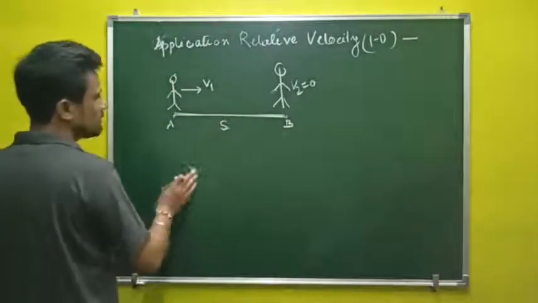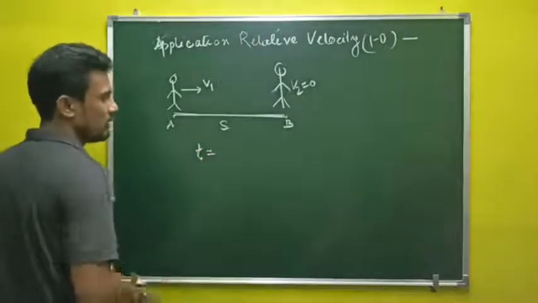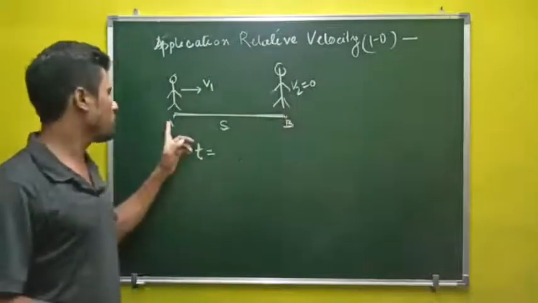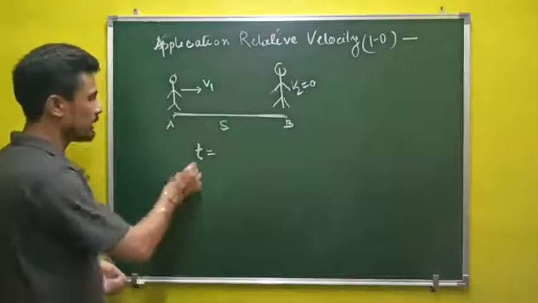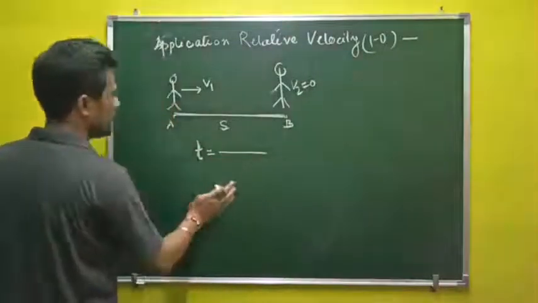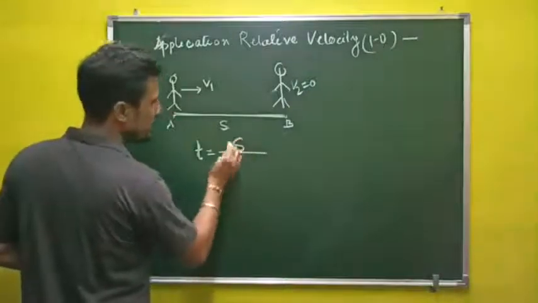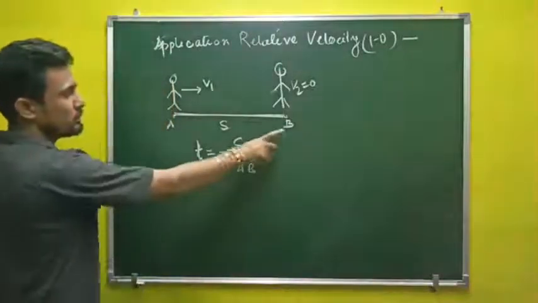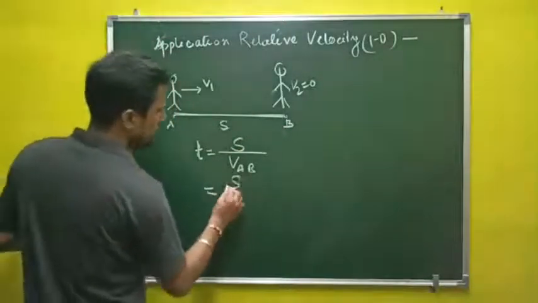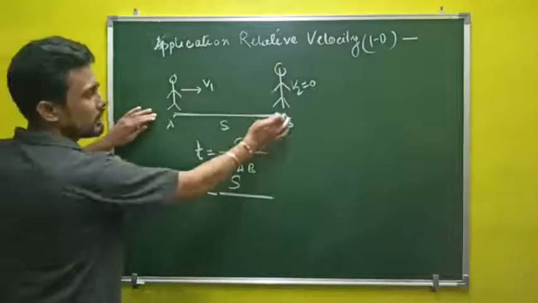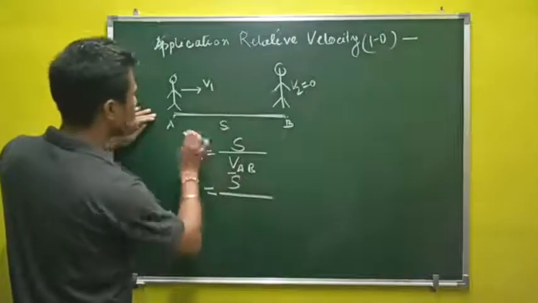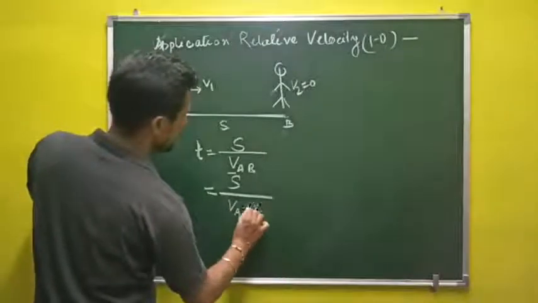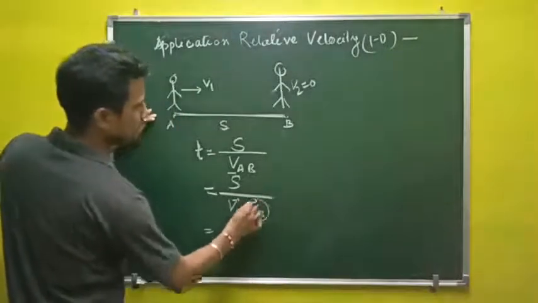Then the time taken by the person at A to meet the person at B will be given by the total distance divided by the relative velocity of A with respect to B. Since this person is at rest, the relative velocity of this person with respect to that person will be VA minus VB, and in this case VB is 0.